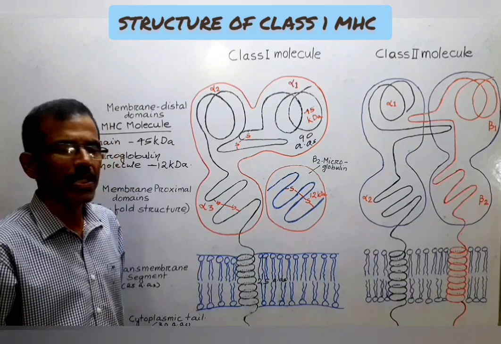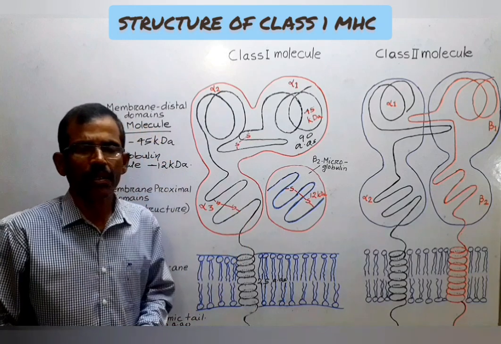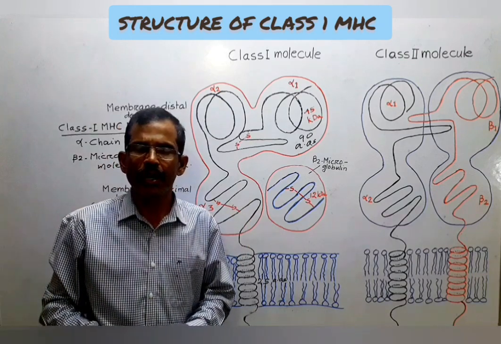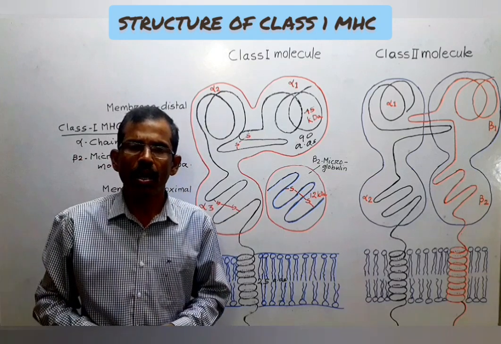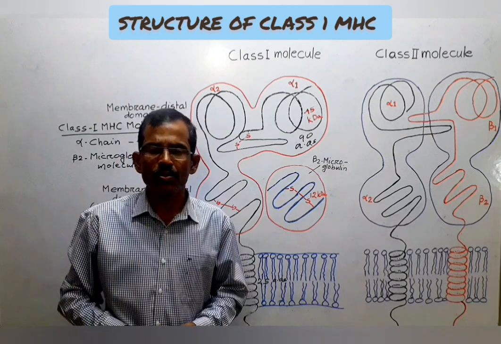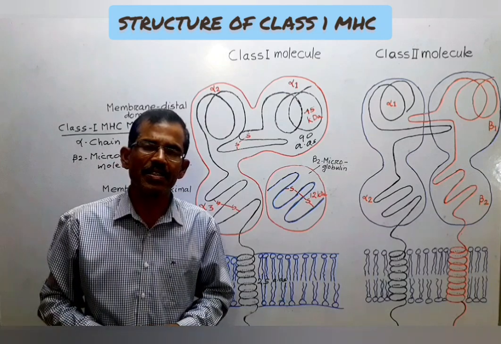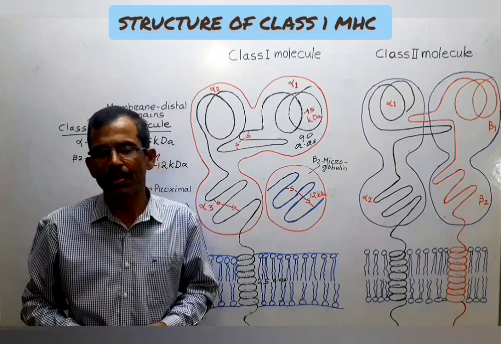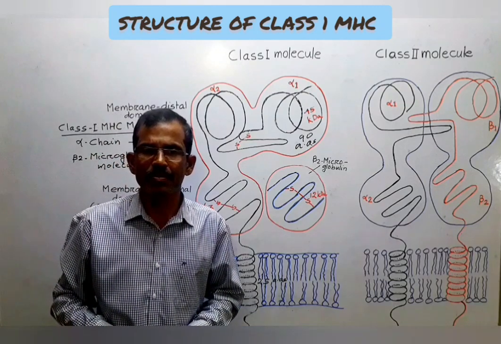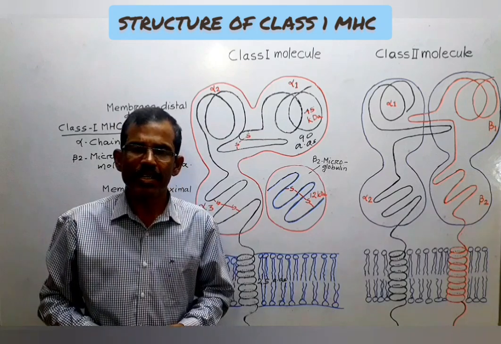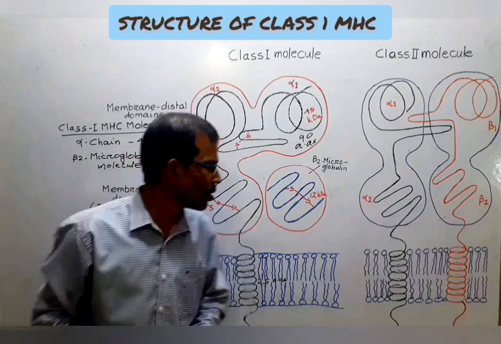In a class 1 MHC molecule, the alpha 1 and alpha 2 domains interact to form a platform of 8 antiparallel beta strands spanned by 2 long alpha helical regions. The structure forms a deep groove or cleft with 2 alpha helices as its sides and the beta pleated sheet, which is composed of 8 antiparallel beta strands, as the bottom. The groove is large enough to bind a peptide antigen of about 8 to 10 amino acids.